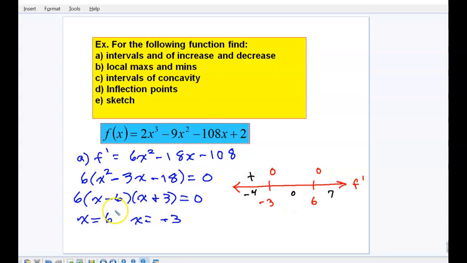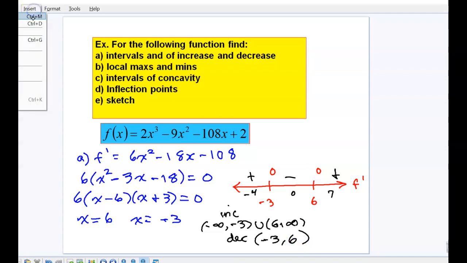If I put a 0 in, I get a positive and a negative. And a 7, they're both positive. So to answer part A, I know that my function is increasing from -infinity to -3, also from 6 to infinity, and I know my function is decreasing, with the derivative negative, from -3 to 6. So there's part A.